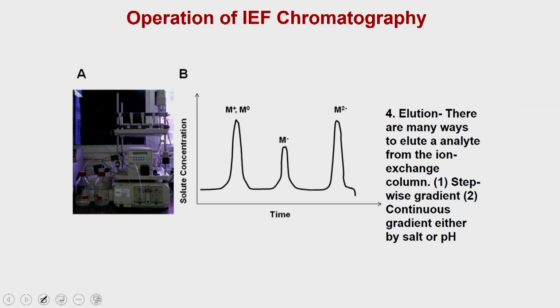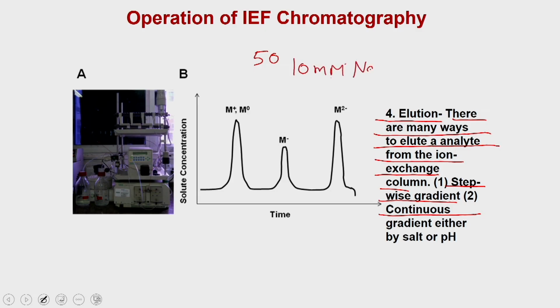Then the fourth step: once the protein has bound to the column, you can use the elution. There are many ways to elute analyte from the anion exchange column. One is the stepwise gradient, the second is the continuous gradient. Stepwise gradient means that you elute the column in very discrete steps, for example, 10 millimolar NaCl, 20 millimolar NaCl.